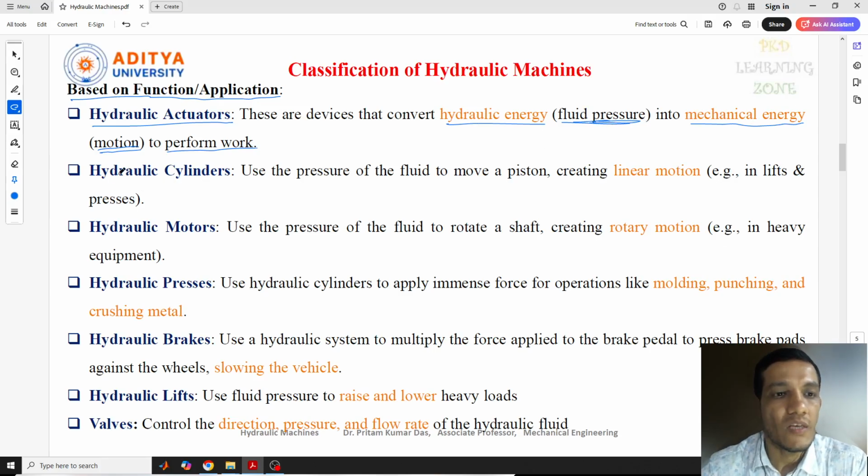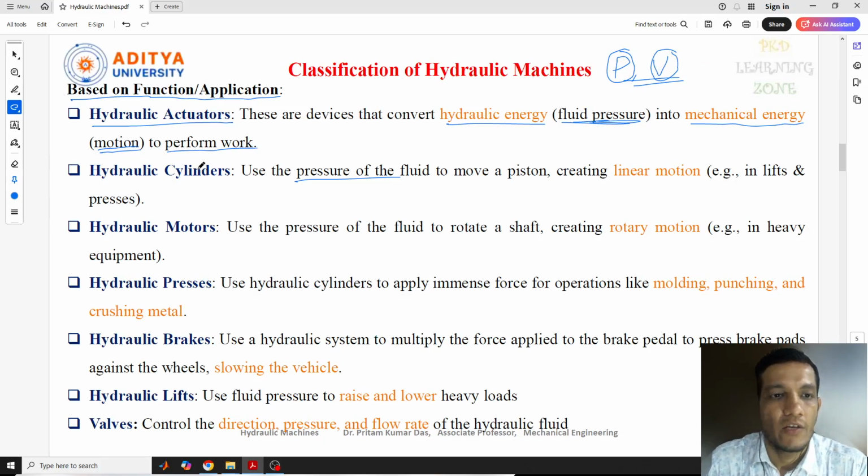The next one is hydraulic cylinders. In hydraulic cylinders, we use the pressure of the fluid. In a fluid, the important parameters are pressure and velocity, and by using them we can apply the fluid in many areas.